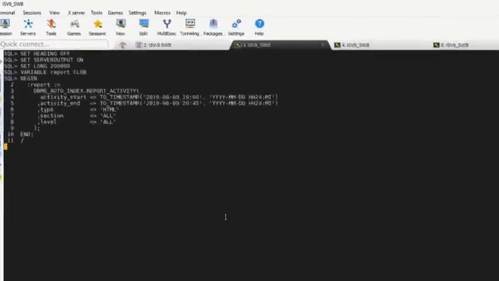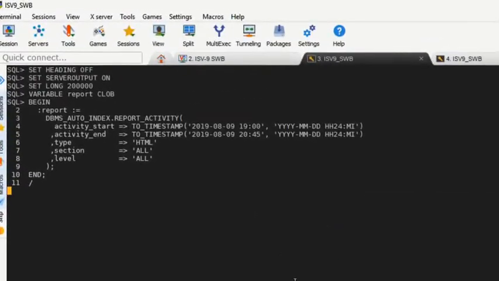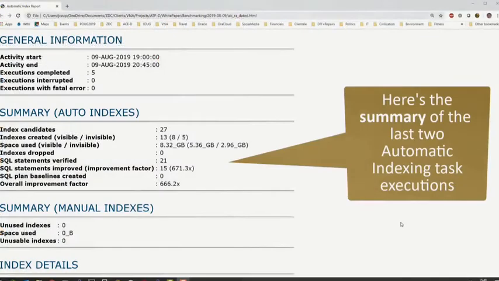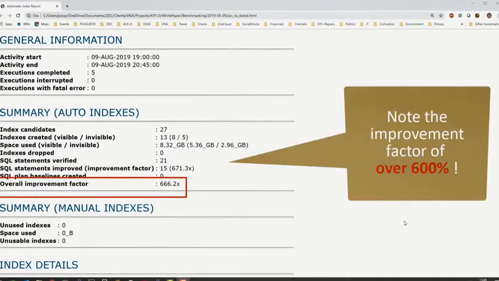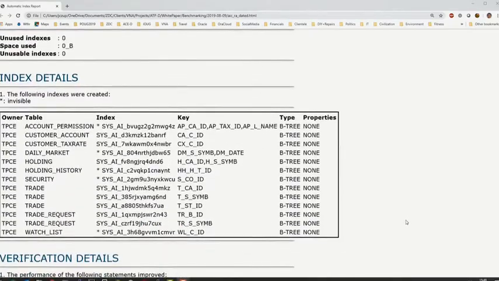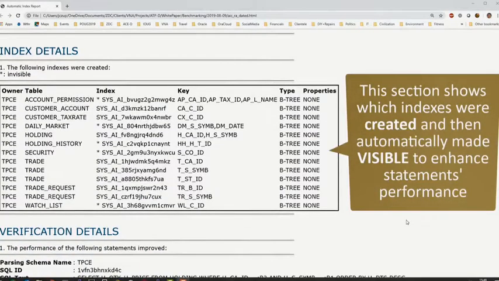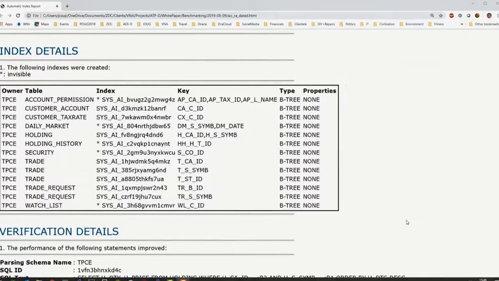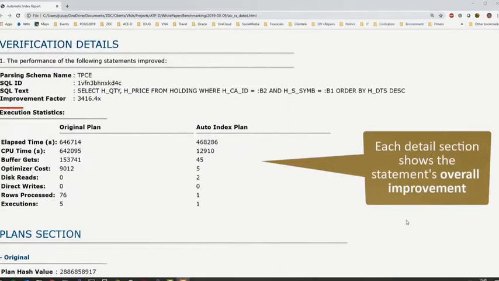So to get a deeper look at what automatic indexing actually decided, I generated a report that shows at the summary level well over 600 times performance improvement for the indices that were created. And here are some of them. Notice the asterisk ones are the ones that are still invisible.